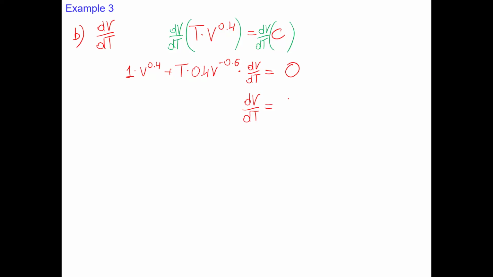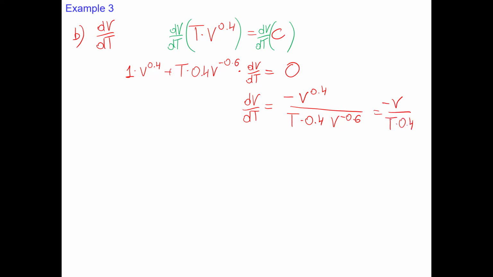We will subtract V to the power of 0.4 and divide by T times 0.4 V to the negative 0.6. And when we move that V to the top, 0.4 and 0.6, because this will become positive, will give us 1. That means we will have negative V over T times 0.4.